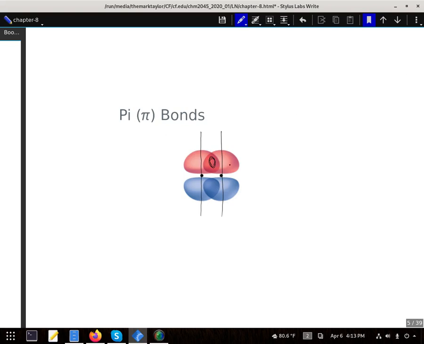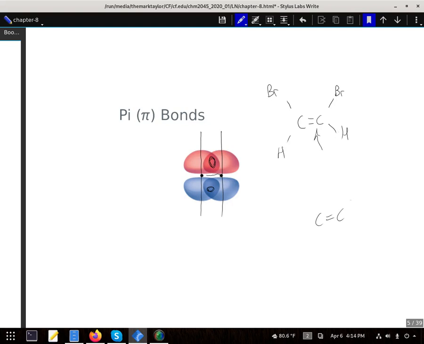Now, when this actually forms, that creates an overlap above and below that line between the two nuclei. It's always perfectly parallel. And this is also why, if you remember back when we were first talking about Lewis structures, if I had two bromines off of a double bond like that, this bond could not rotate.